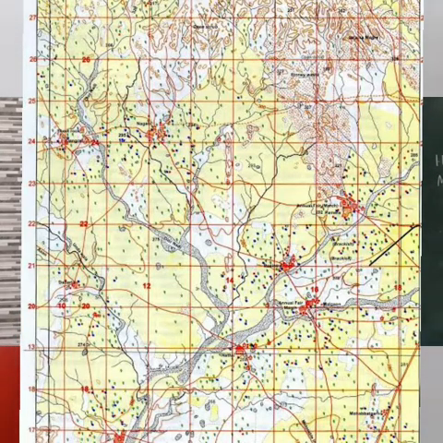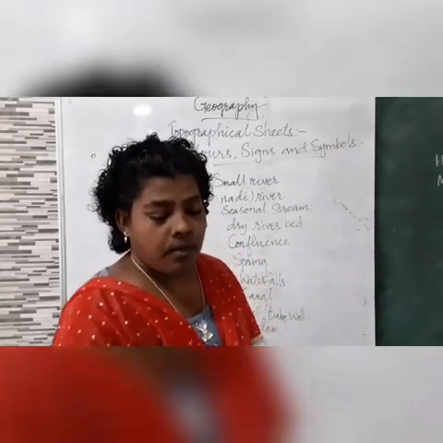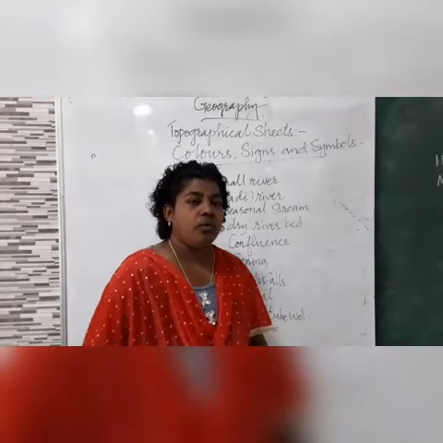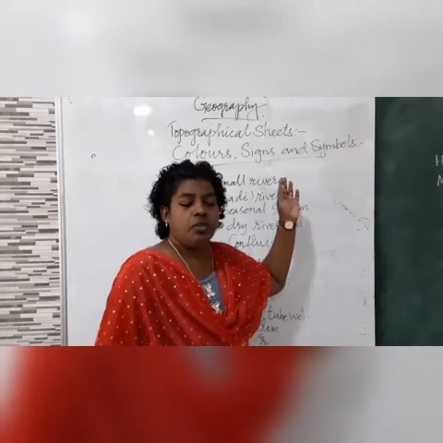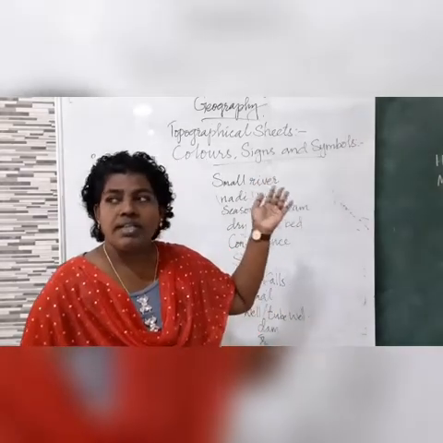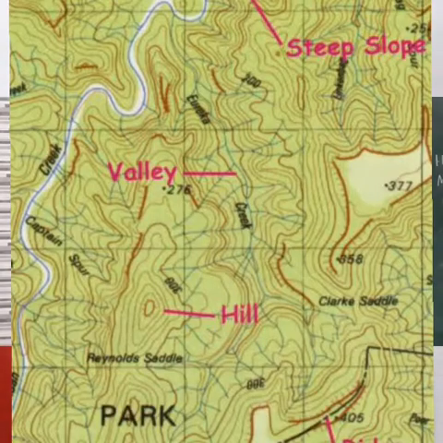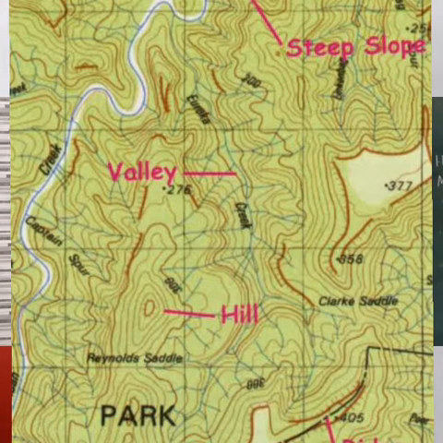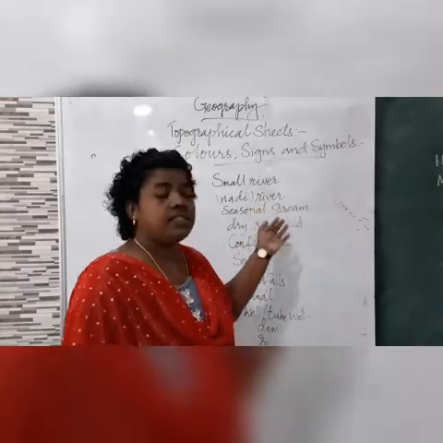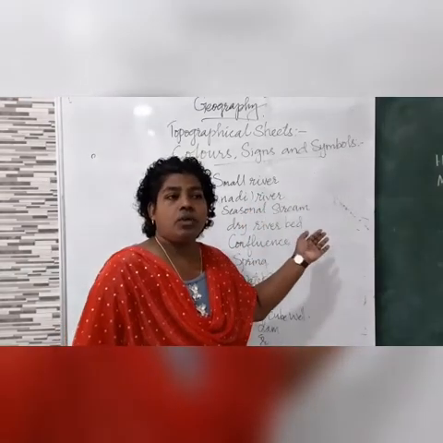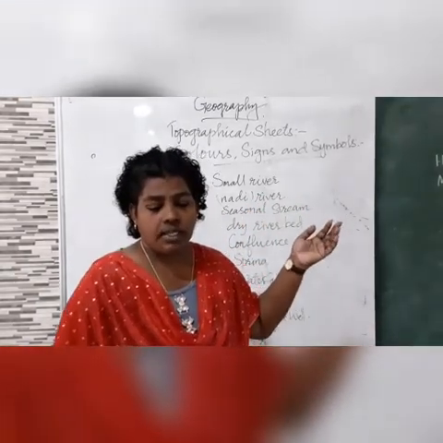And signs and symbols. Different signs and symbols are also used in the topo sheet. What are the different signs and symbols? In the previous class you have learned about international boundaries, how you can find international boundaries on the topo sheet, and state boundaries. What's the difference between the boundaries of state and the boundaries of the countries, and district boundaries, how they are drawn.